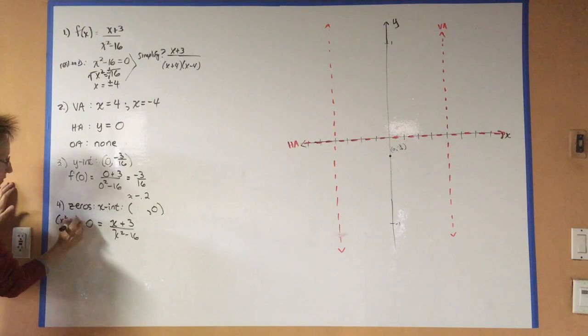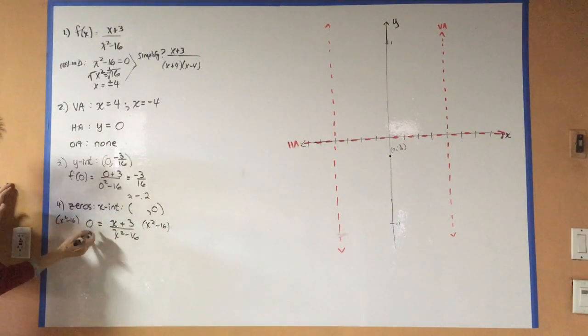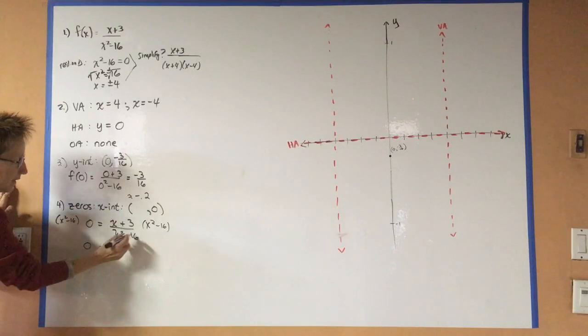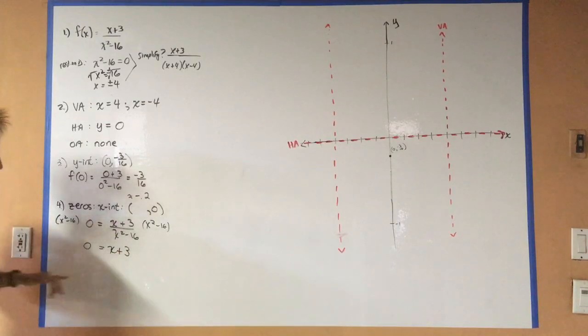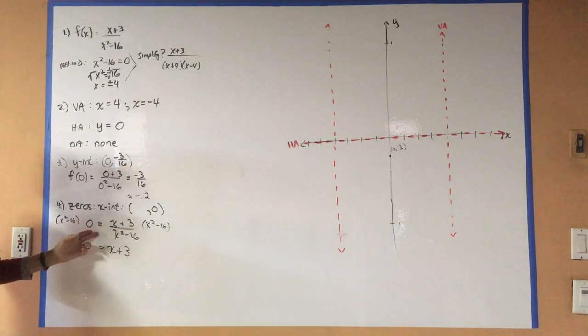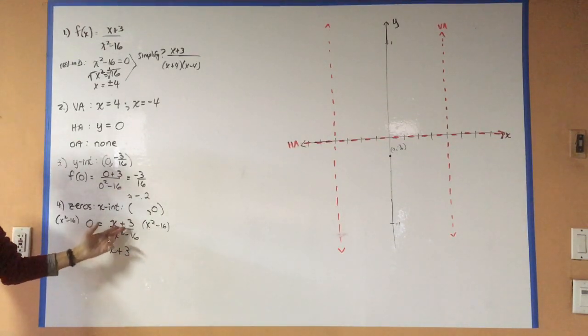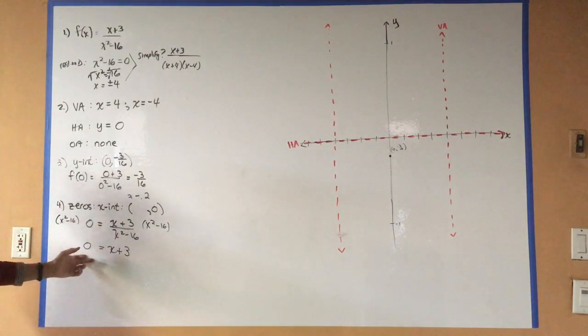Anything times 0 is still 0. These cancel, which was my goal, and I'm left with just x plus 3 equals 0, and that was my hint. When you have a fraction equal to 0, what part of the fraction is going to have to be 0? The numerator, right? 0 over some other number will give you 0. So you could do it formally or recognize that it's just the numerator going to 0, and that's what that little hint says.